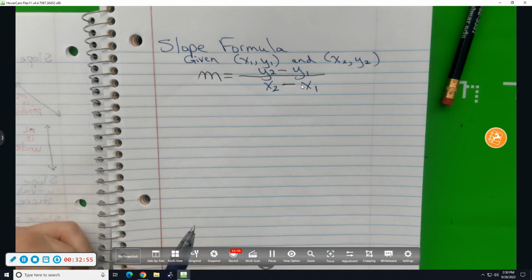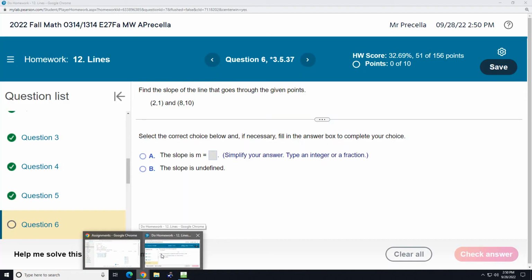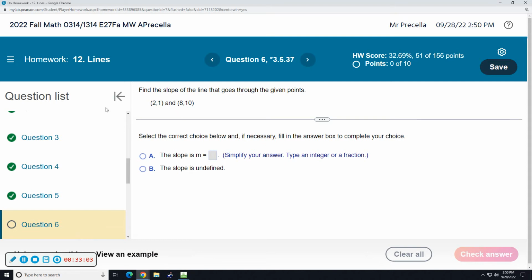Why use this formula when we could just plot and graph? Well, on this problem we're about to do, you might be thinking, I'll just draw it out and do rise over run. Yes, but if this 8 had been an 80, I don't think you'd want to be counting rise over run. The numbers were real large.